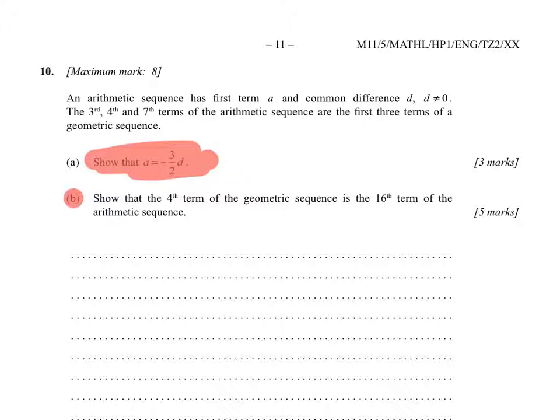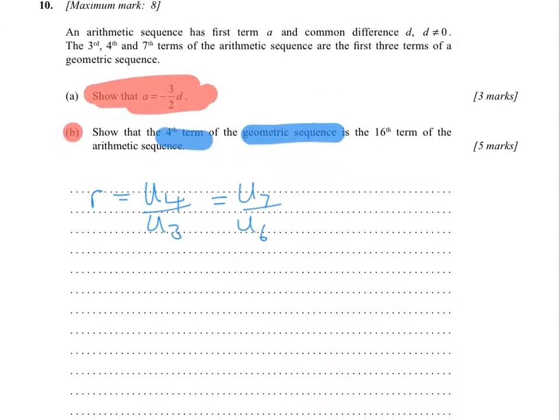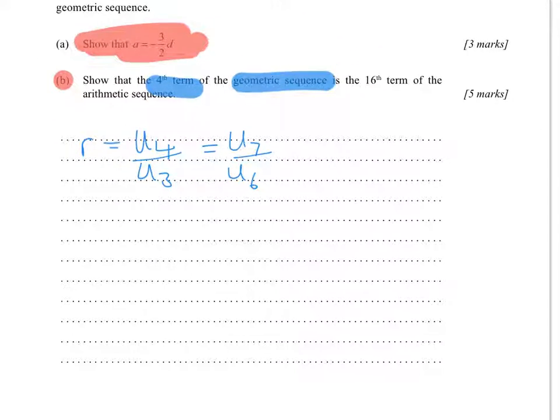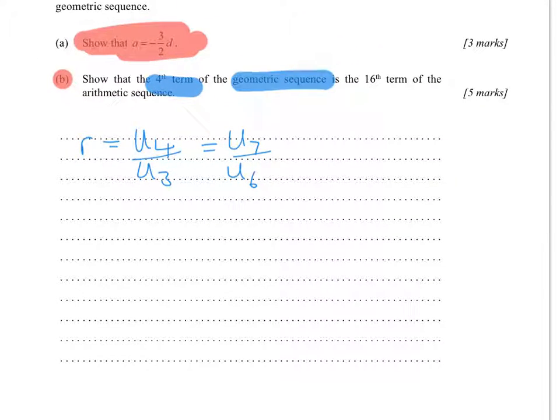So, before we do anything, fourth term of geometric sequence, we really want to find out what the value of r in this geometric sequence is. And like I said in part A, r is equal to u4 over u3, or it's equal to u7 over u6. You can use either of these definitions. I'm going to use the first one because the numbers will be a little bit smaller.